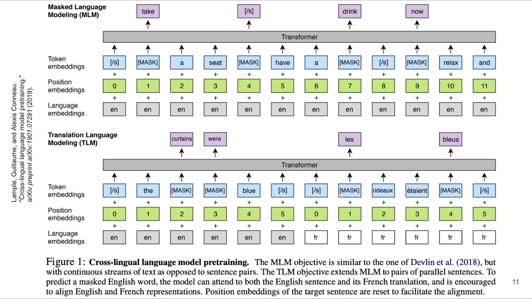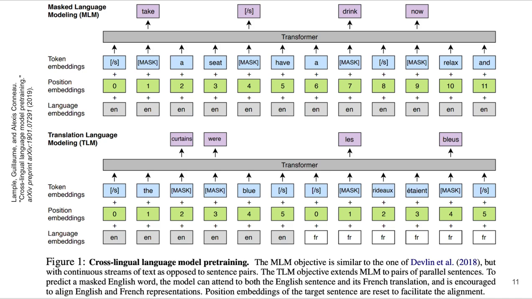So this is very much BERT-like, where we mask some of the tokens and try to predict them in an auto-encoding manner. Then we have translation language modeling on the bottom here. In this case, we have English and French input sentences, and this requires parallel data. The curtains were blue, and I don't know French, but that's essentially a correct translation of that sentence.